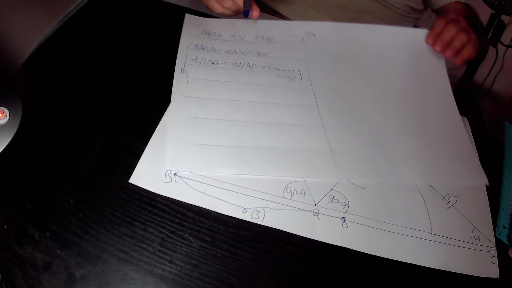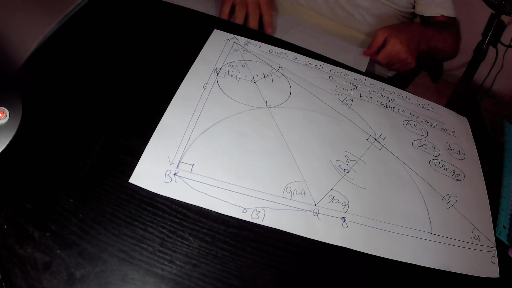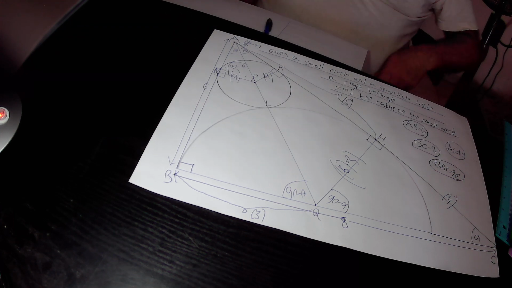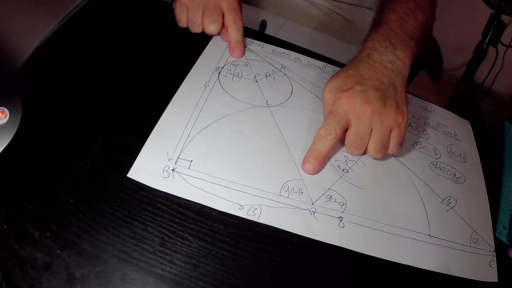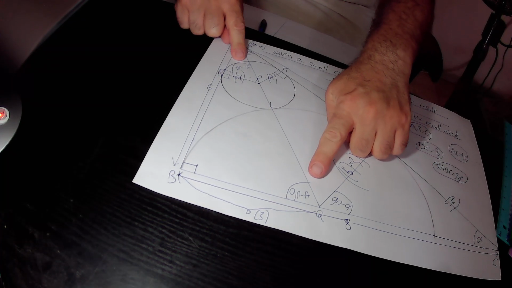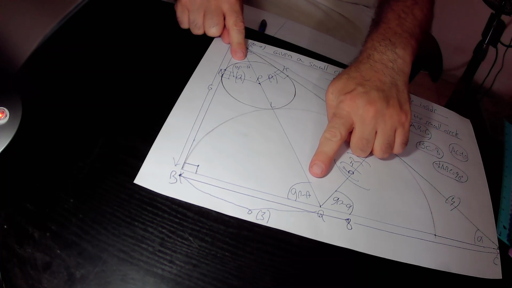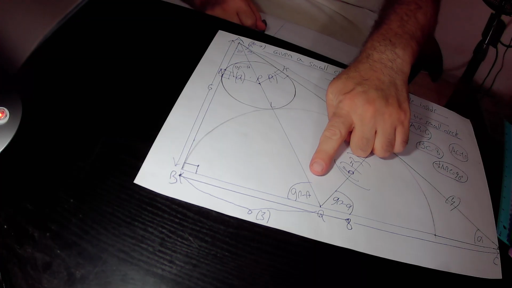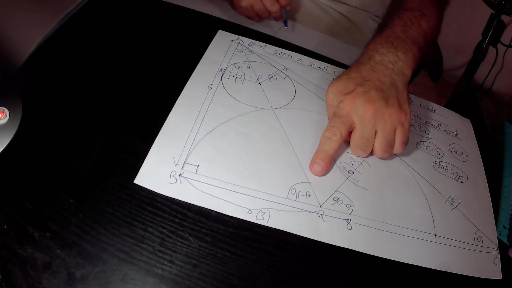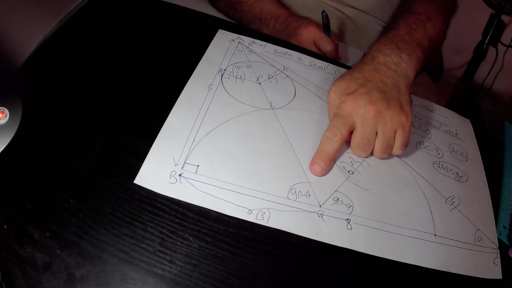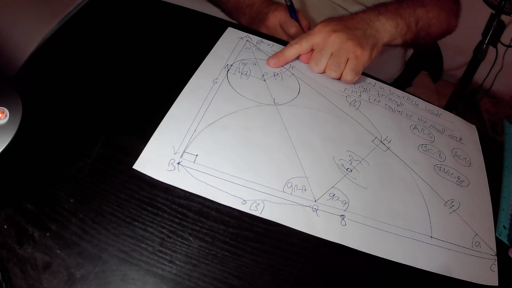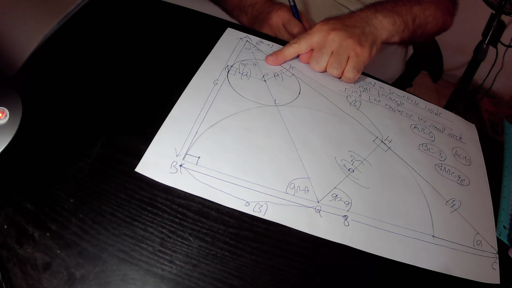And finally, those two angles are both equal to 90 degrees, therefore they are equal to each other. This is actually angle AQB in the big right triangle ABQ, and it is equal to this angle, that is actually angle APN, in the small right triangle ANP.